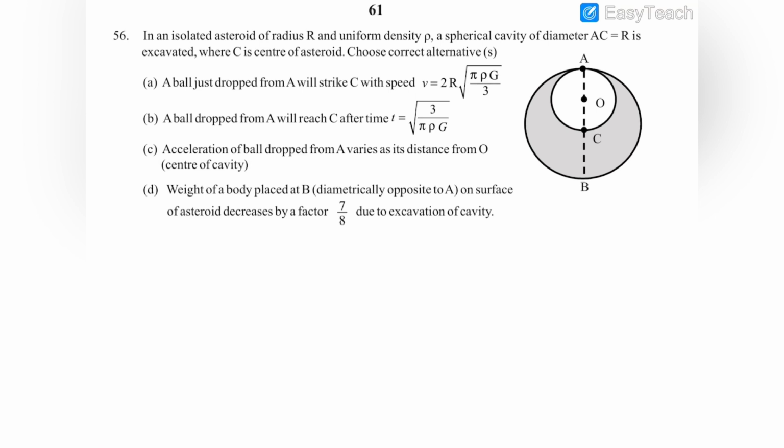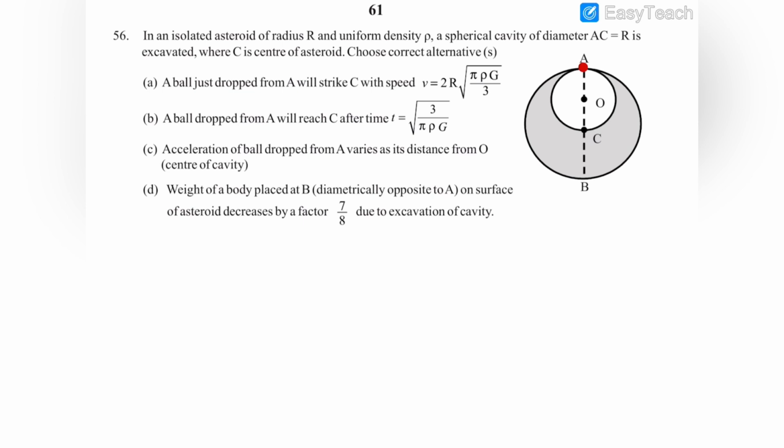In this question, you can see that there is an asteroid which is isolated from any of the other mass in the universe, and it has a uniform mass density of rho. There is a spherical cavity along the diameter of this asteroid in such a way that the diameter of this cavity is equal to the radius of the asteroid, which is r, and C is the center of the asteroid.